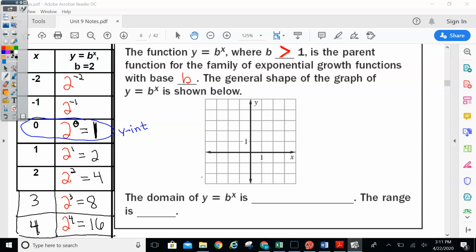Now, what about negative exponents? If you remember what negative exponents do, they don't make the number negative. We never have negatives for exponential parent functions. So notice the pattern. 16 to 8, we divide by 2. Divide by 2, divide by 2, divide by 2. So what's 1 divided by 2? Well, it's a half.